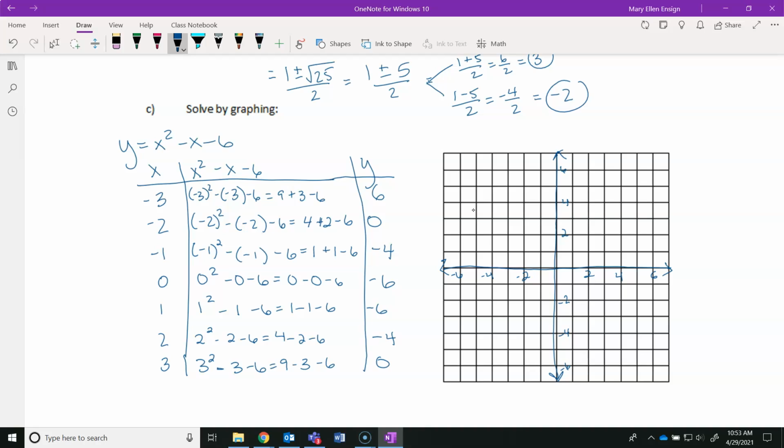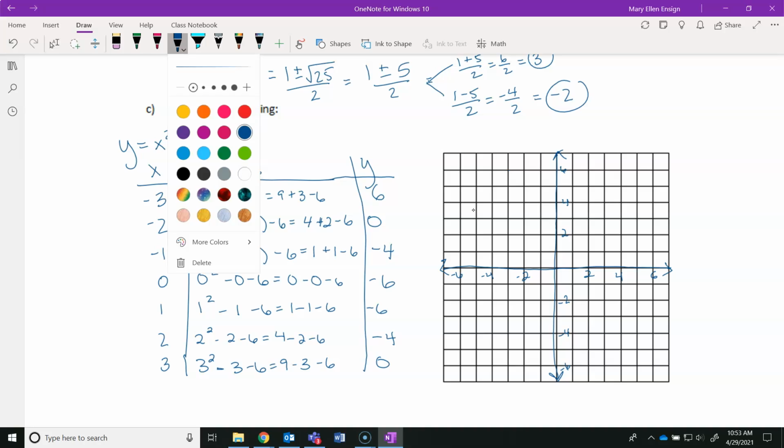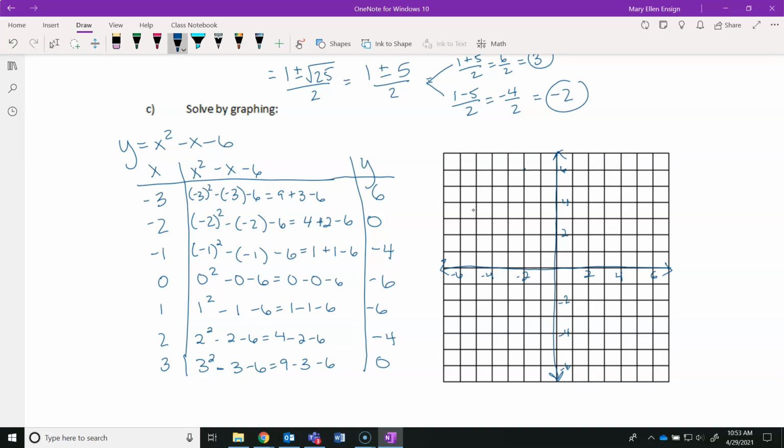Okay, so negative 3, 6. Negative 2, 0. Negative 1, negative 4. 0, negative 6. 1, negative 6. 2, negative 4. 3, 0.